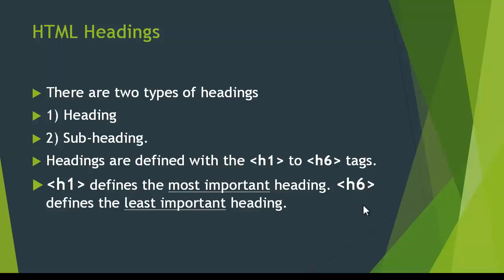So in HTML there are two kinds of headings: the subheading and the greatest heading. Headings are defined as h1 to h6. The h1 defines the most important heading, and the h6 defines the least important heading.